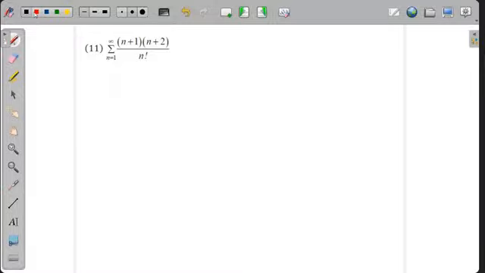So let us apply ratio test here and try to see whether this summation is convergent or divergent. Okay. So here what is an plus 1? An plus 1 is n plus 1 times n plus 2 over, oh sorry, I'm writing an. Okay, fine. So this is actually an.